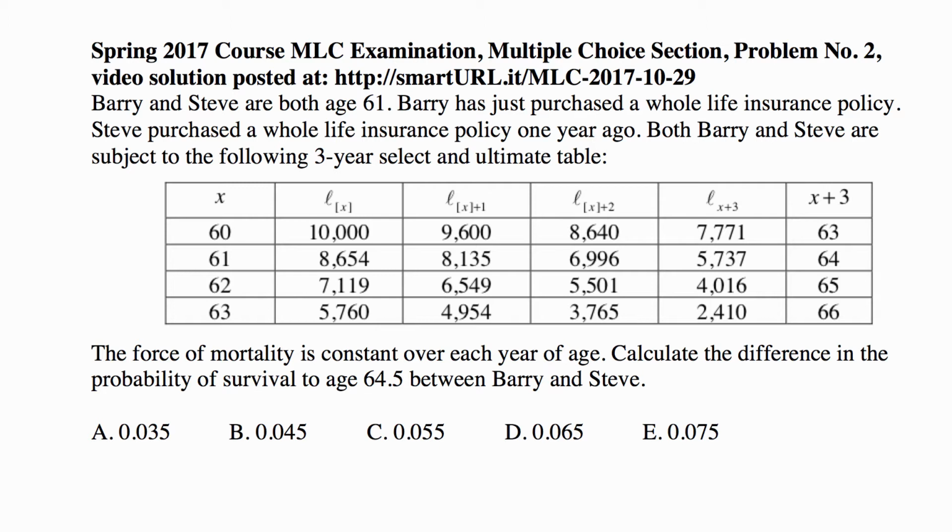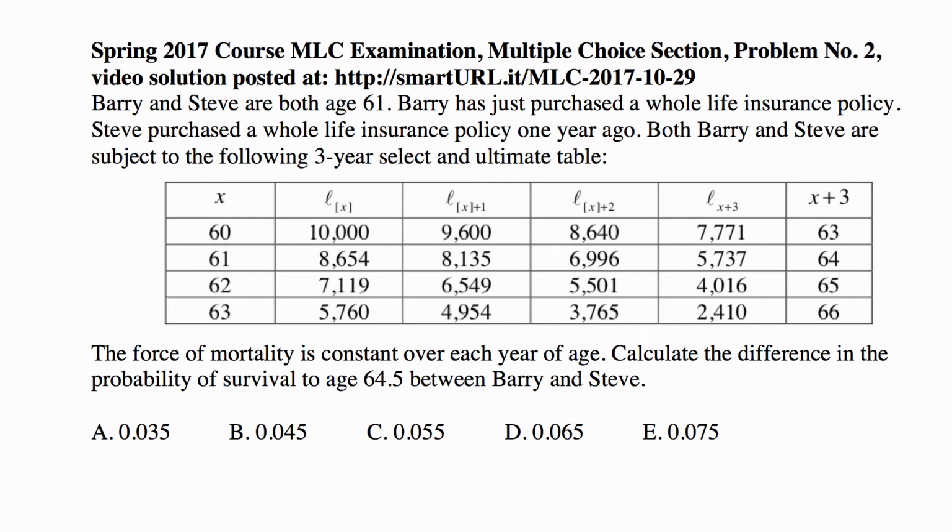Here's the story of this problem. Barry and Steve are both age 61. Barry has just purchased a whole life insurance policy. Steve purchased a whole life insurance policy 1 year ago. Both Barry and Steve are subject to the following 3-year select and ultimate table. So you can see that the effect of selection wears off after 3 years.